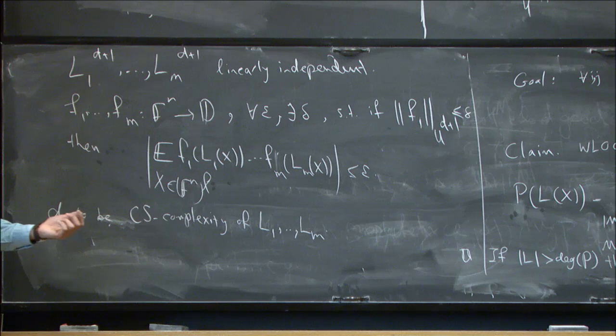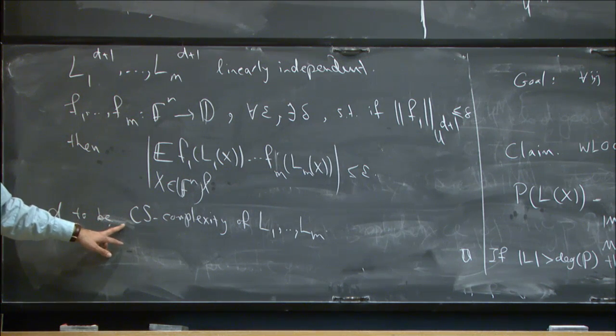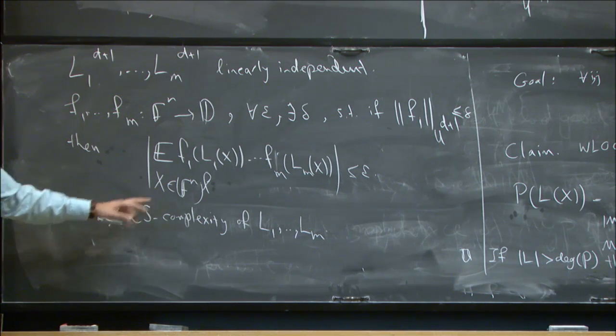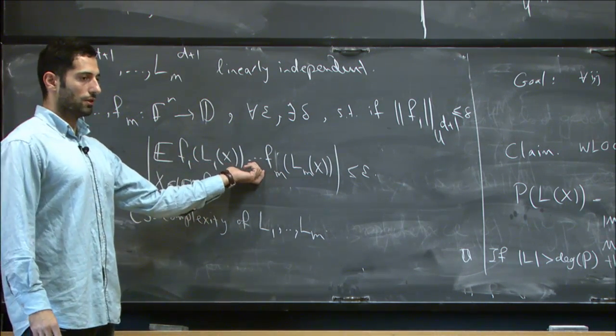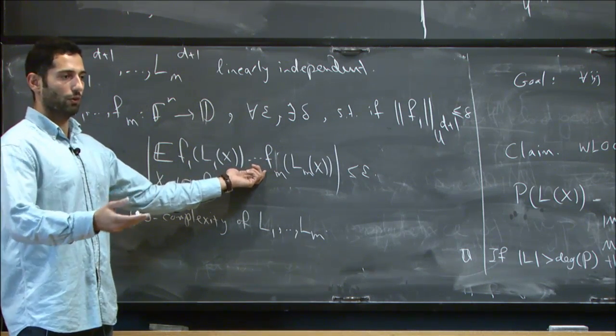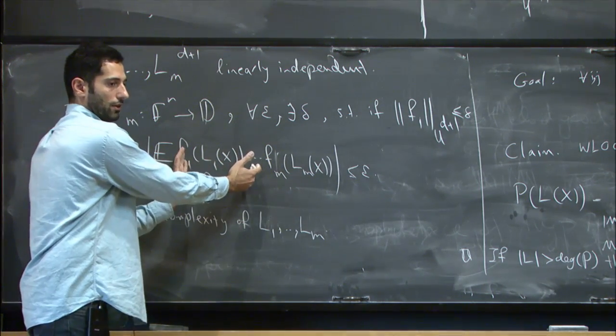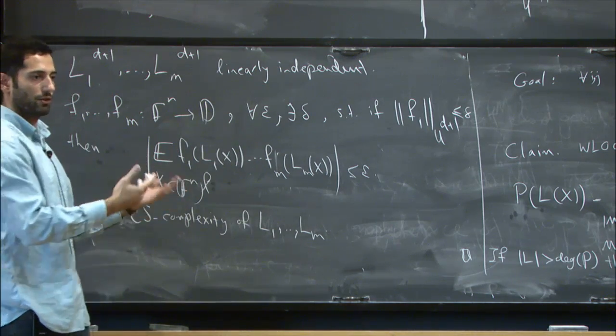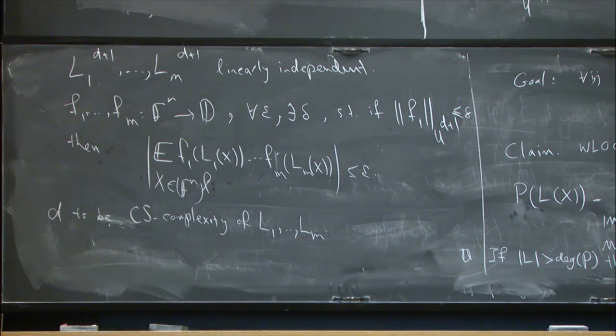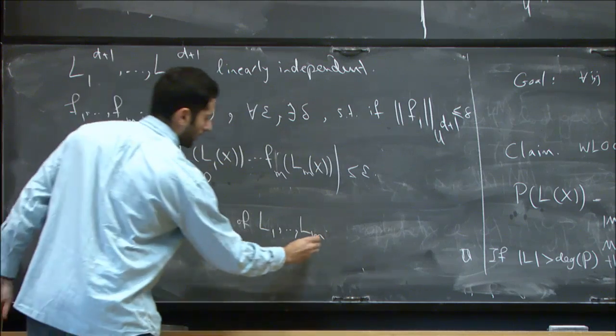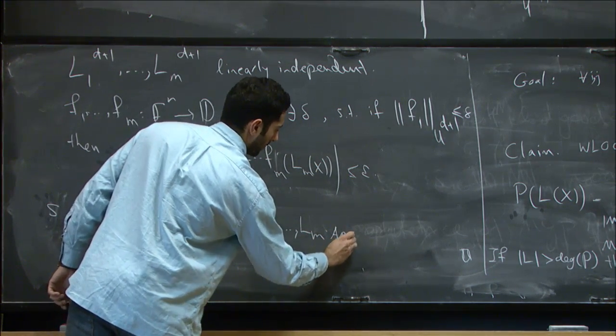As I mentioned, the Cauchy-Schwarz complexity can be infinity, but we can always reduce it to the case when it's not, because if one of the linear forms is another one times 2, let's say, you can combine them and think of the function as just the same function applied to it. So D here is exactly the D so that the tensor powers are linearly independent. Oh, no, okay, sorry. So let S be the Cauchy-Schwarz complexity and apply the decomposition theorem according to that.